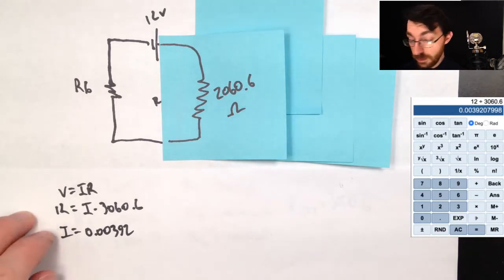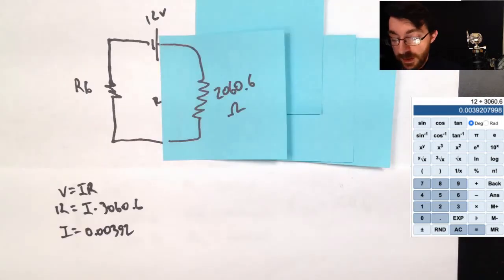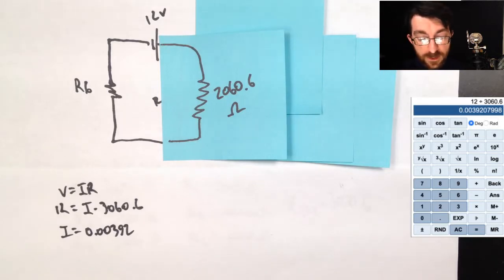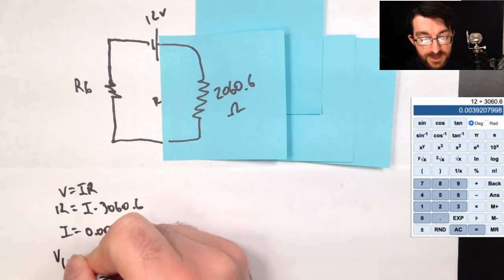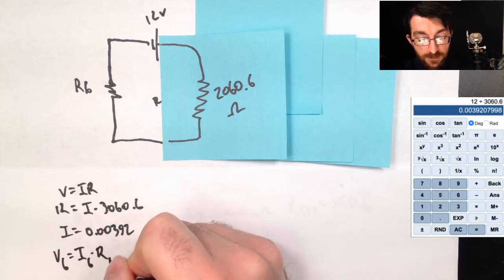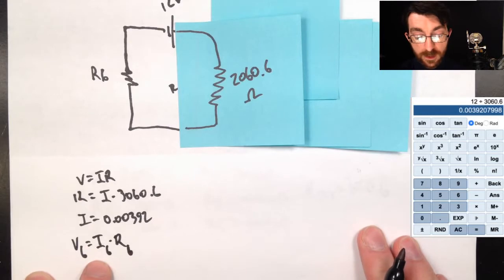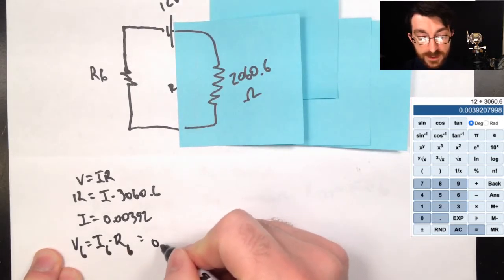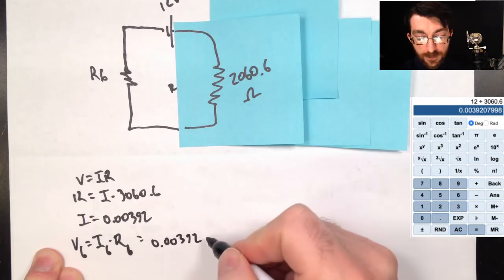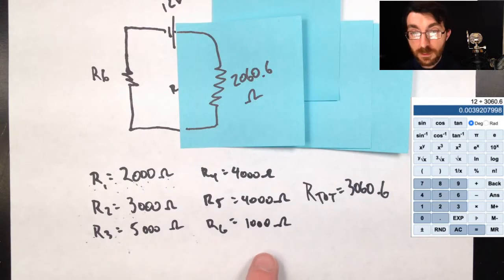I'll write it in different colors. So let's go ahead and work this out. The voltage across resistor 6 is equal to the current through resistor 6 times the resistance of resistor 6. I know what the current and the resistance are. The current is 0.00392 and the resistance is 1000.